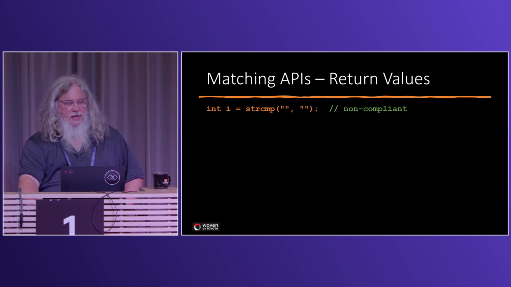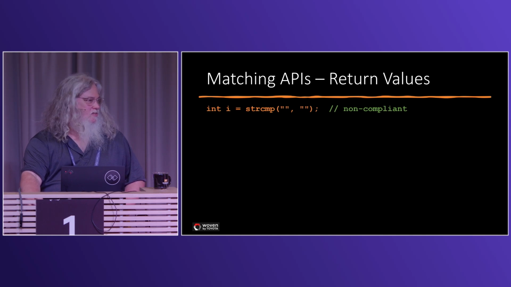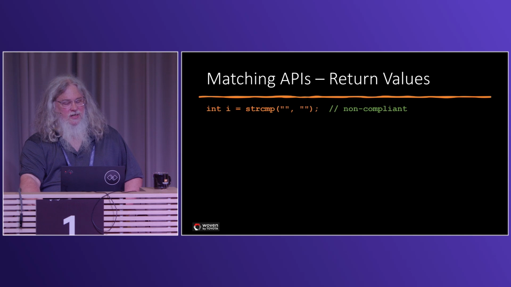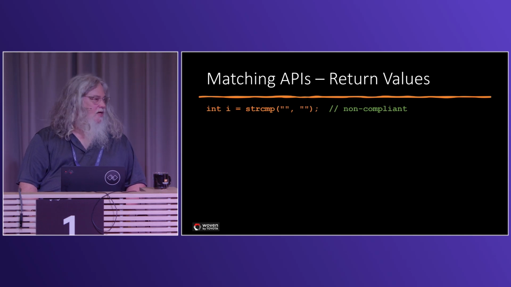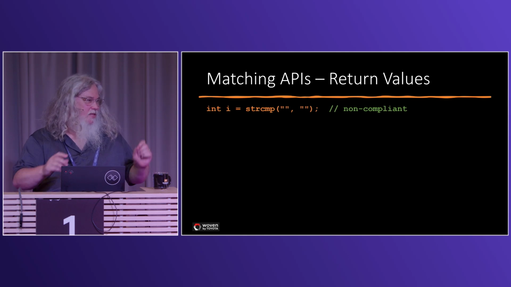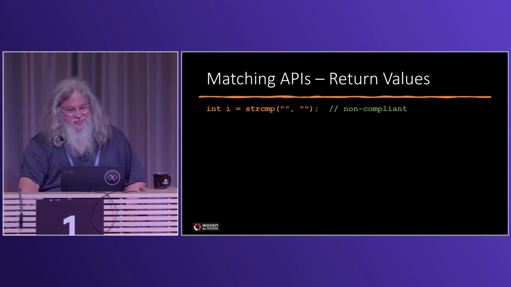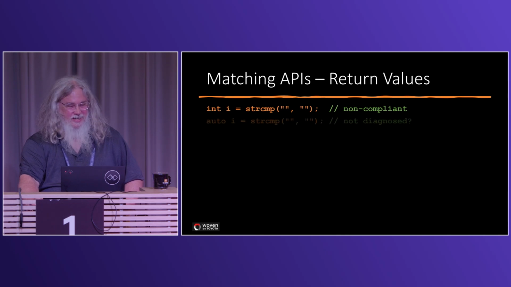So matching APIs. Say you want to use strcmp, and strcmp returns an int, okay? So you might write this code, int i equals strcmp, and then it gets flagged by the tool because you used the int type, the forbidden standard integer type. It seems silly, right? But it's reality.